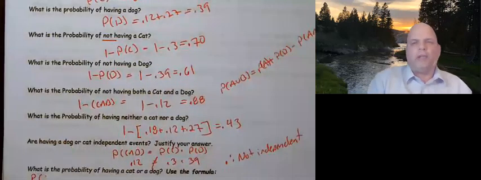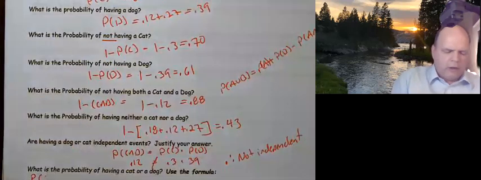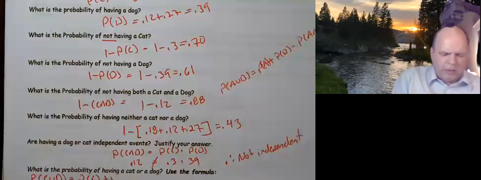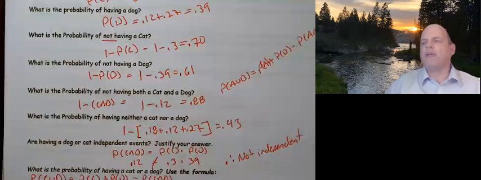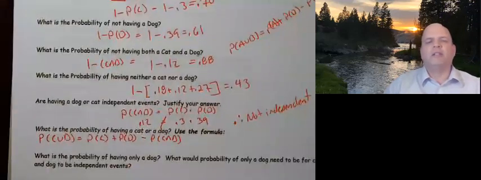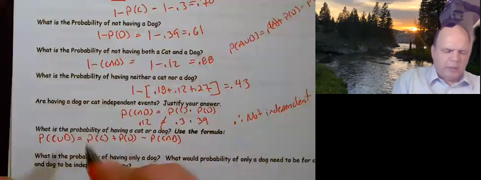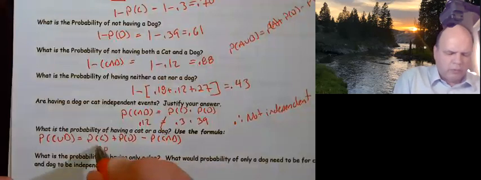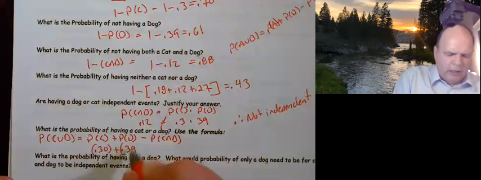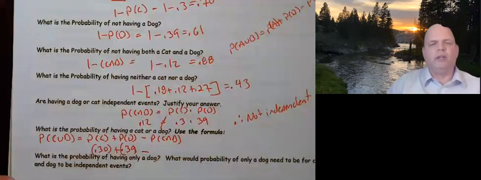But here we're not working with A and B, we're working with cat and dog. So we have the probability of C union D equals the probability of C plus the probability of D minus the probability of C and D. The probability of a cat is 0.30 plus the probability of a dog is 0.39 minus the intersection.